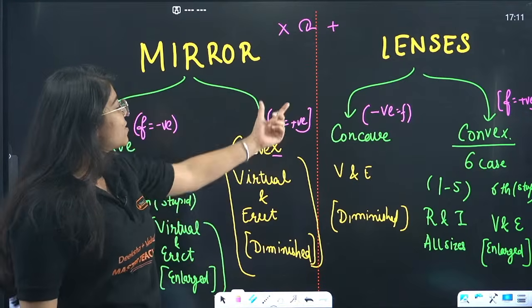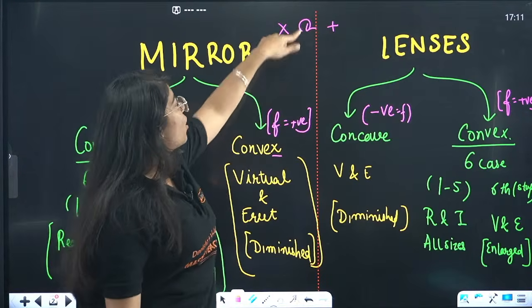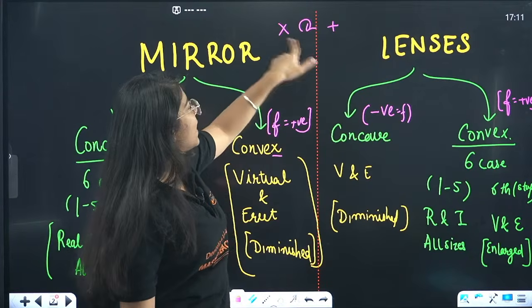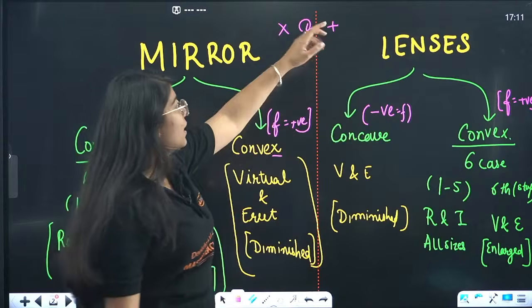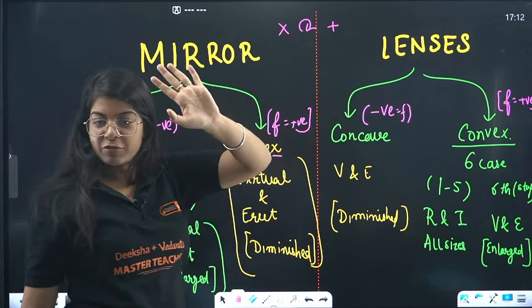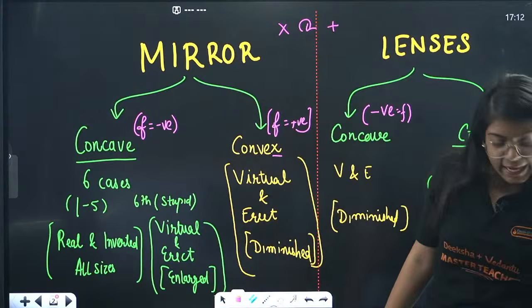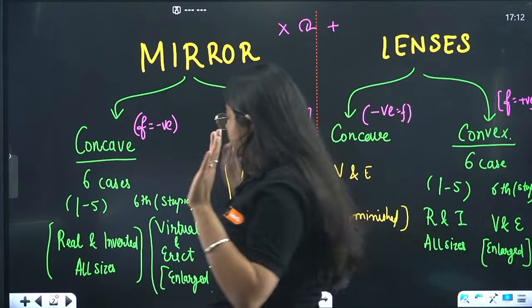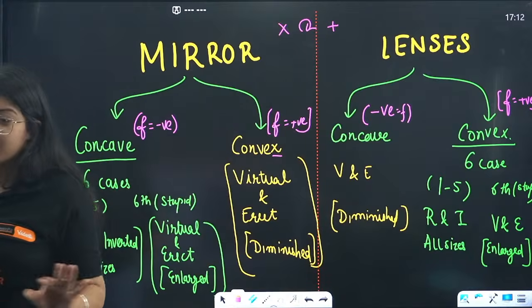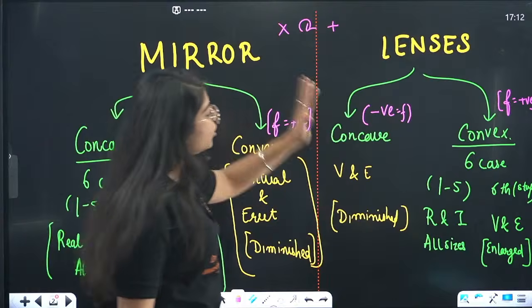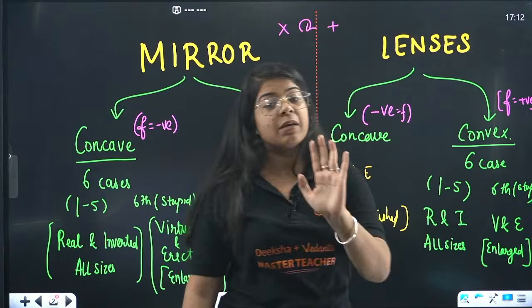So for convex, the x of convex, focal length is positive, and x of convex lens, focal length is positive. So that's what you have to remember. Okay, great. Now all the doubts are clear, right? This is the whole slide that you need to remember. If you want, you can take a screenshot. This is all the knowledge you want to have about image formation.